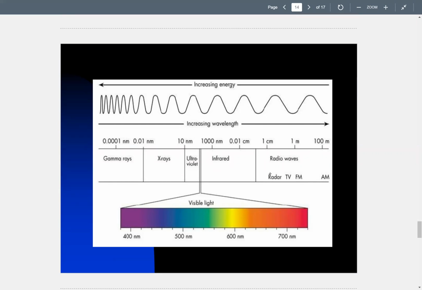Radio waves are obviously TV, FM, AM radio, all that kind of stuff. But more recently, that's going to be your Wi-Fi signal. You might have seen that there's 2.8 and there's 5.0 Wi-Fi signals. These are the hertz of the radio waves used for those Wi-Fi signals.